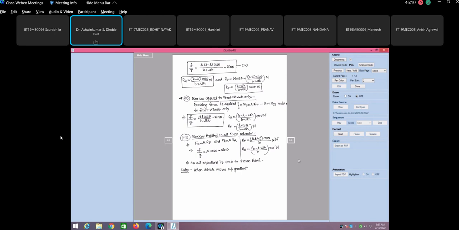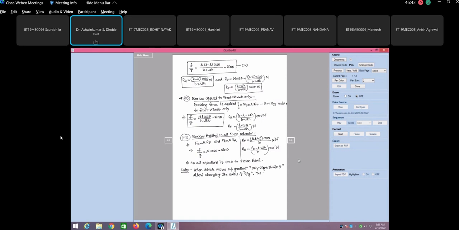Then what will happen? Only sin theta alters, changing the value of F by G.